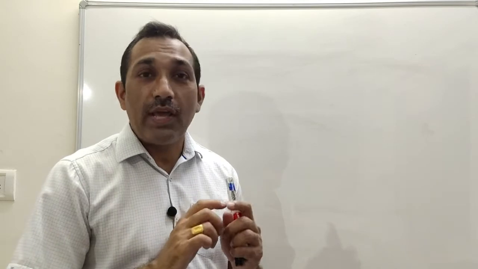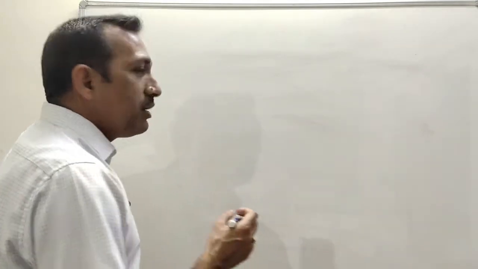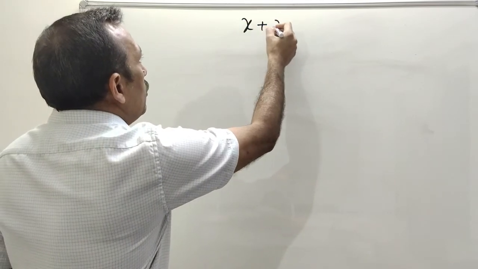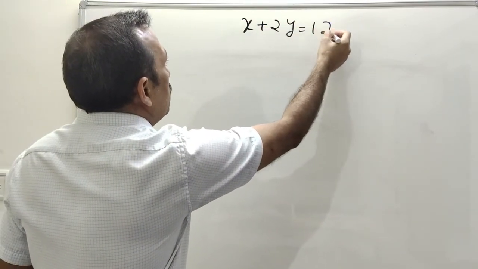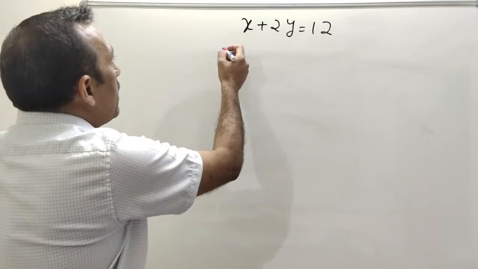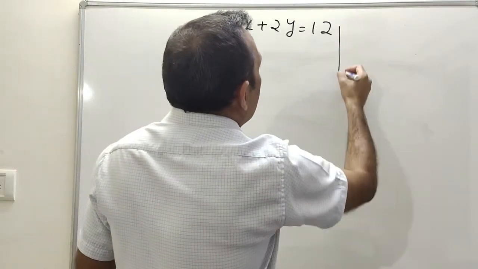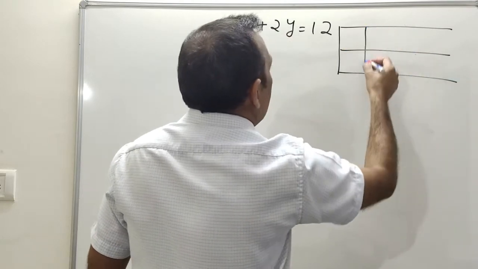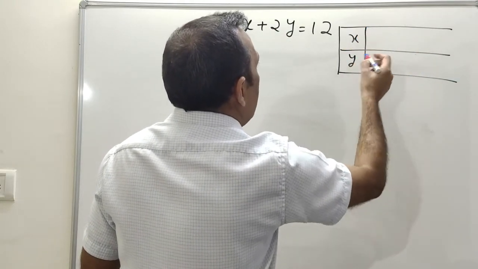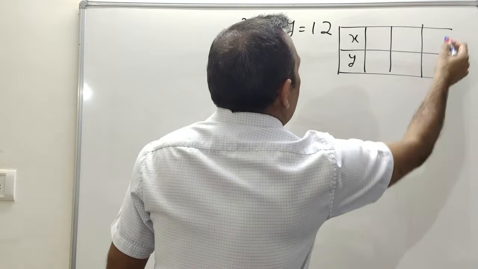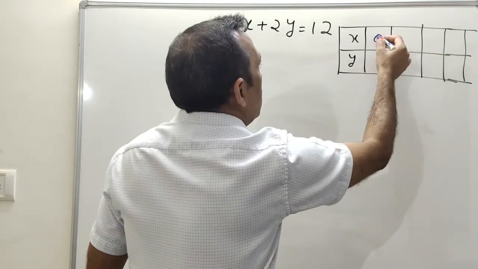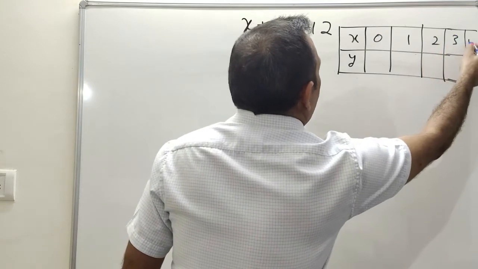Now, very important point, let's look into the graph of a line. We'll try to plot a graph. Let me go back to the earlier example, x plus 2y equal to 12. If I calculate the value of x and y for different values, x equal to 0, 1, 2, 3, 4.